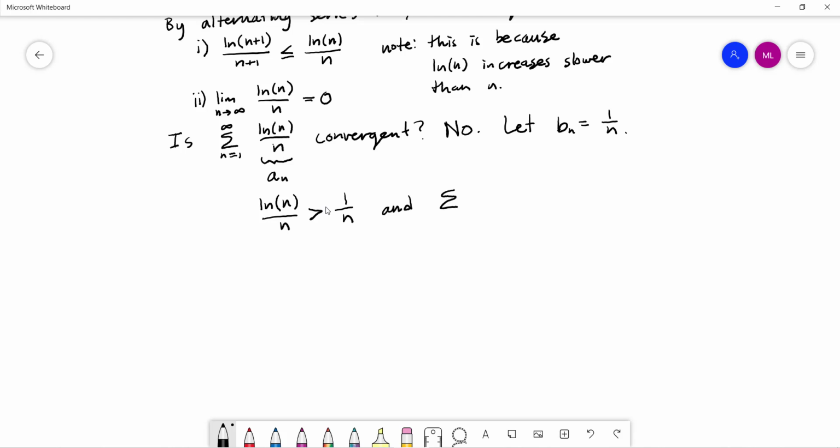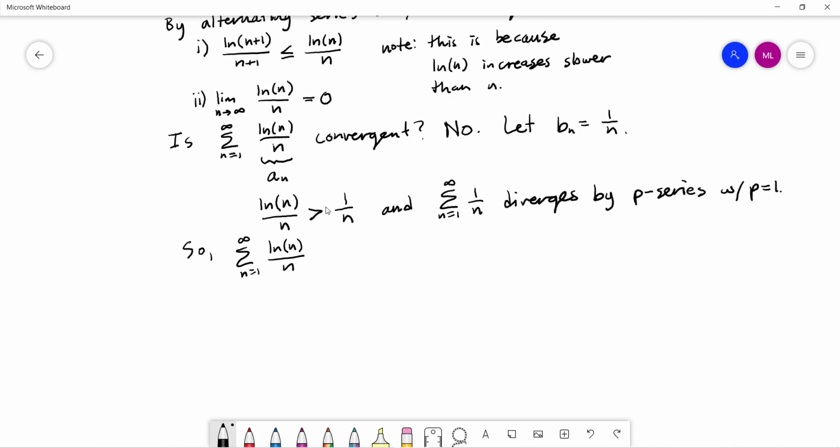And we already know that the sum from n equals 1 to infinity of 1 over n diverges by the p-series with p equal to 1. So the sum from n equals 1 to infinity of the natural log of n over n is going to diverge by the direct comparison test.